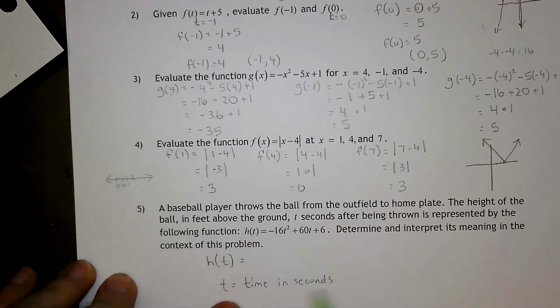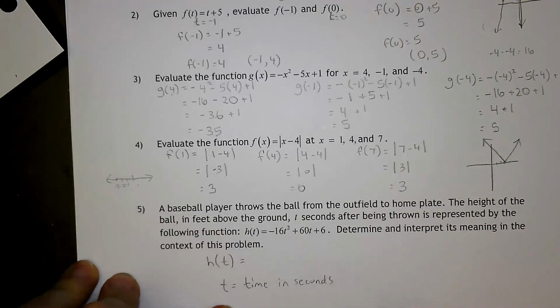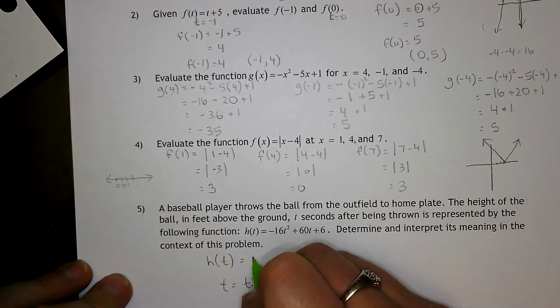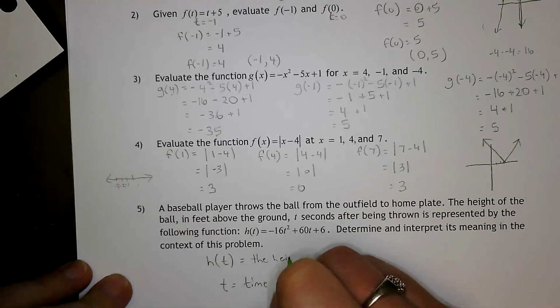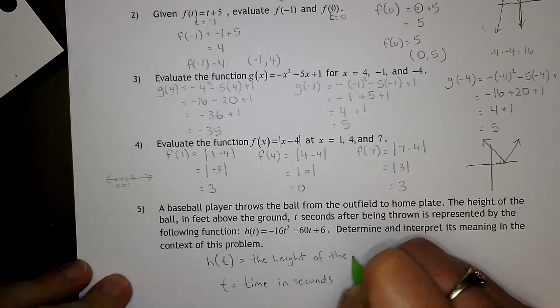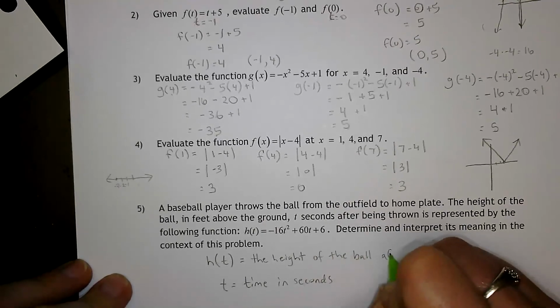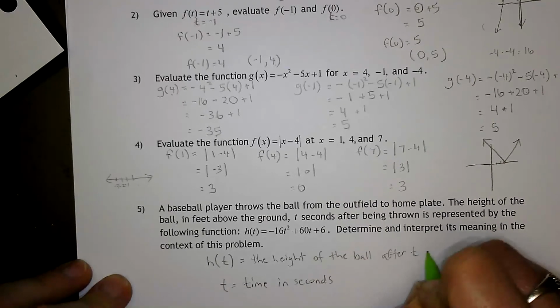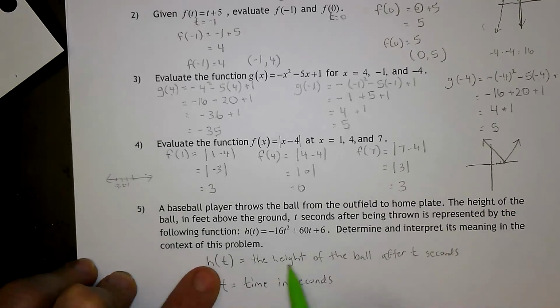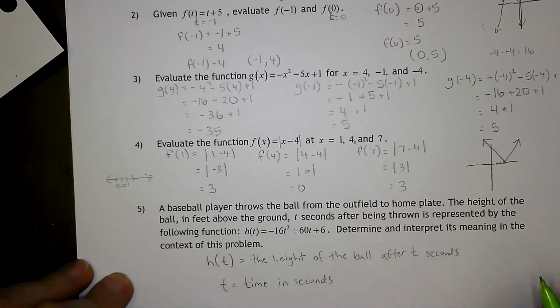So we are using the time in seconds to help us calculate h of t, which is the height of the ball after t seconds. So we're going to use time as our input variable to help us calculate the height.